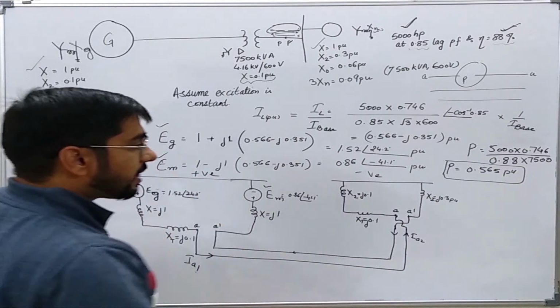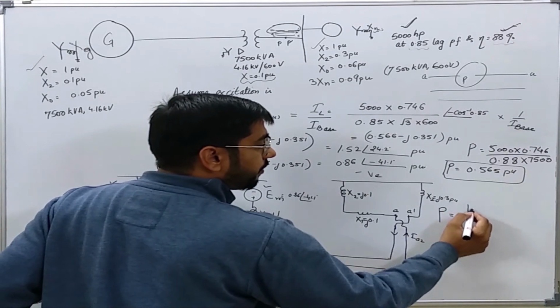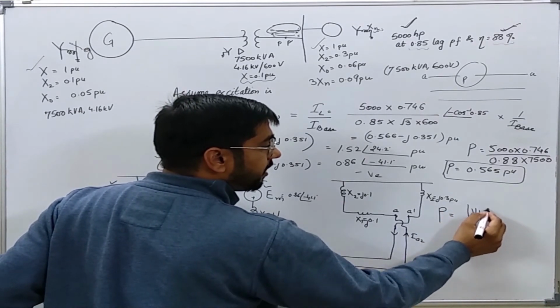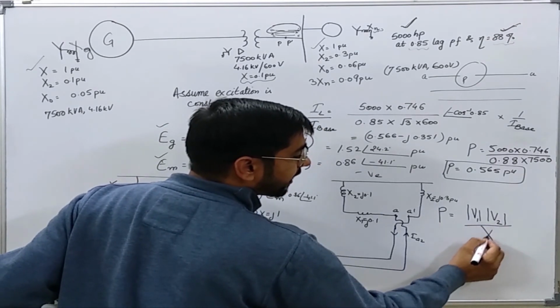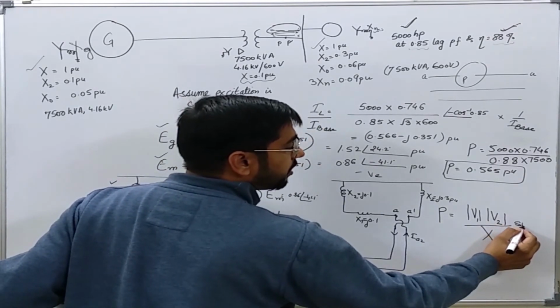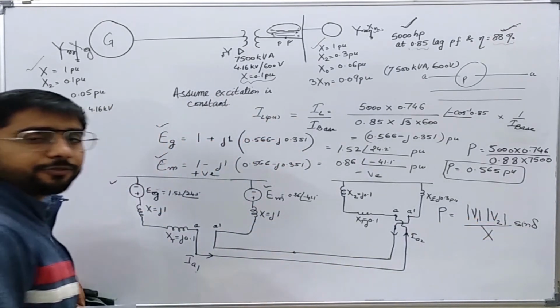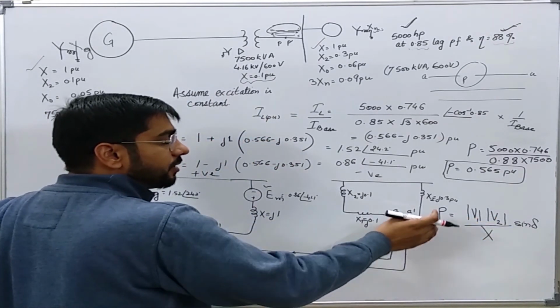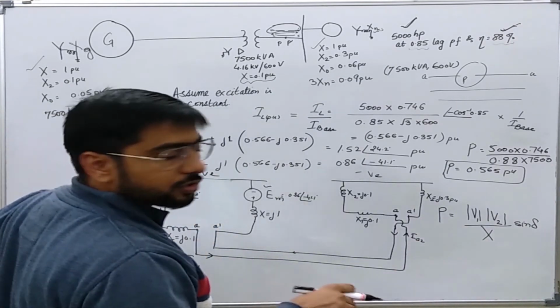Now we know that for such a scenario, power is given by voltage 1, voltage 2 over the reactance between them into sine of the delta between these two voltages. This we have seen many times. This equation is already derived in this course only.